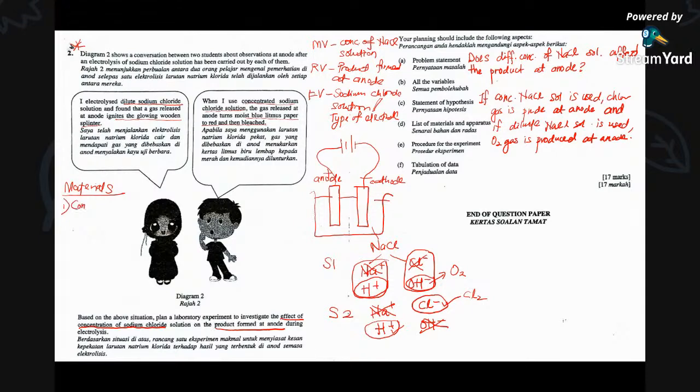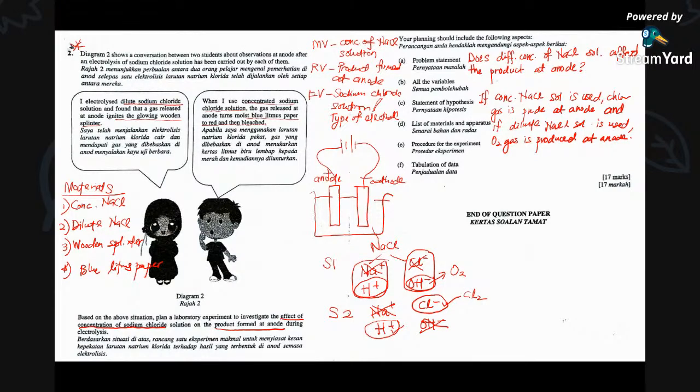Number one, concentrated NaCl solution, or you can write down 1.0 mole per dm cube. Then the second one will be dilute NaCl solution of, for example, 0.001 mole per dm cube. And then the third one for you to check the gas, wooden splinter. Everything is already in the question again. And the fourth one is blue litmus paper.